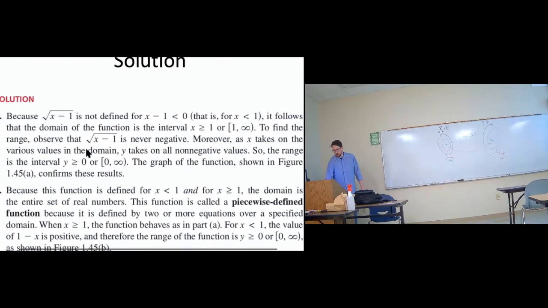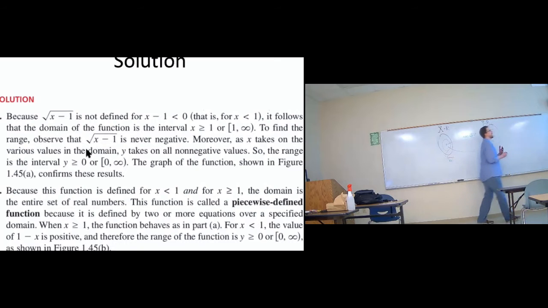So just to reiterate, what they're saying here is x minus 1, it doesn't give you an answer whenever x minus 1 is less than 0, right? The square root of a negative number isn't in our answer set. Does that make sense?